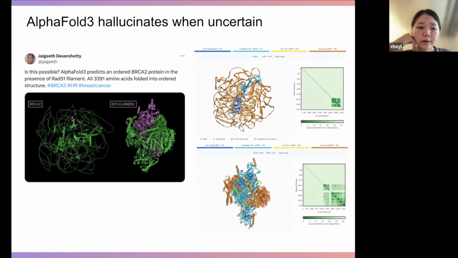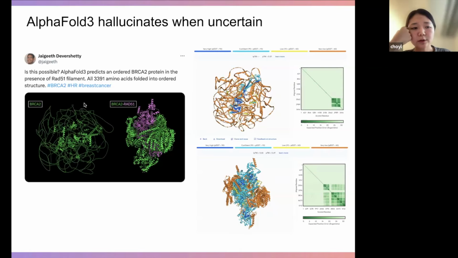But what if you give a binding partner to this protein? This person gave two different proteins to AlphaFold 3, BRCA2 and the RAD51 protein, and now BRCA2 started to form helical bundles around RAD51 and actually folded into helical structures.